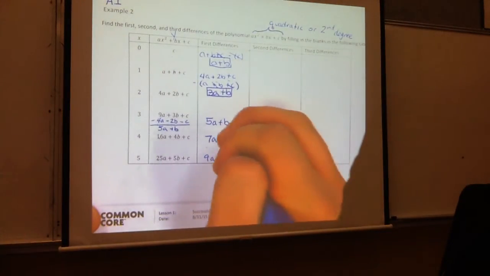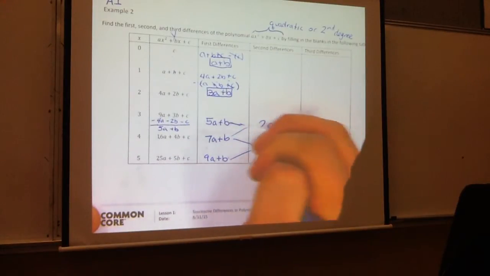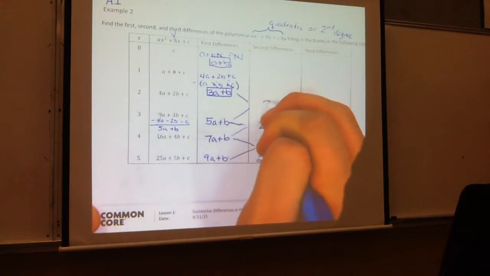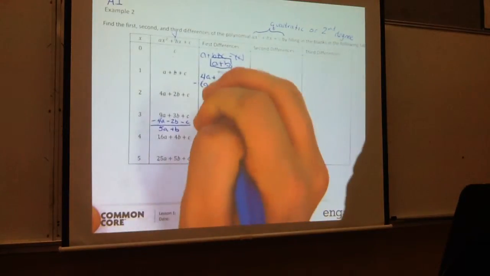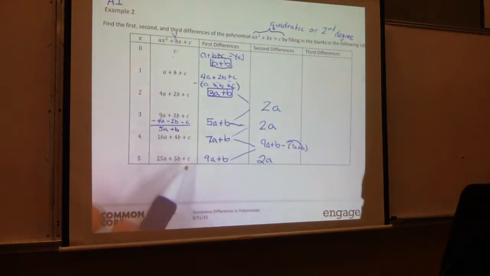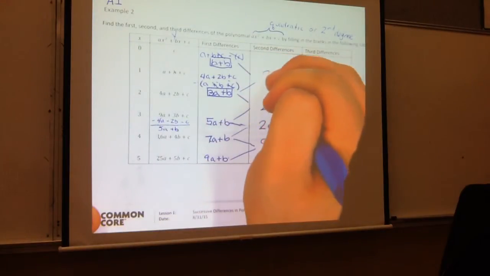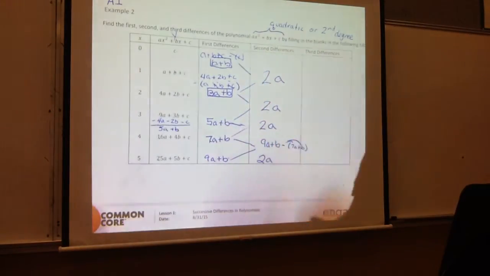Do that here. You're left with 2a. Remember that pattern we saw where it jumps by 2 every time? 1a, 3a, 5a, 7a, 9a. Well, we have a second difference of 2a.